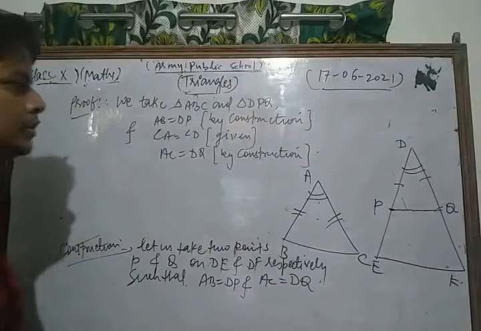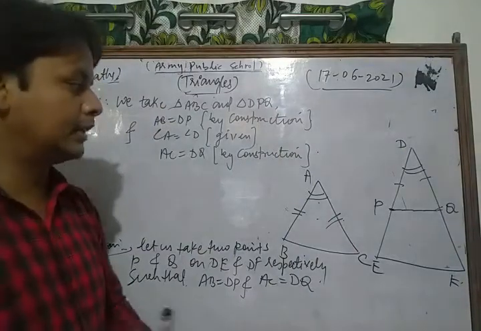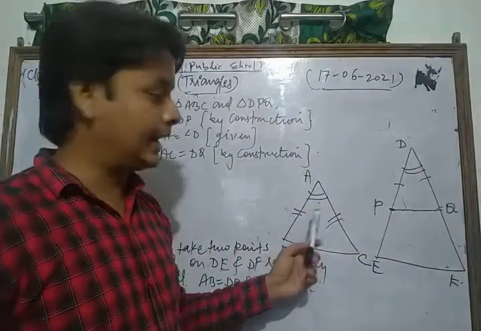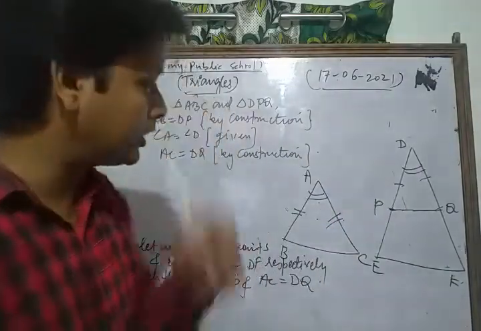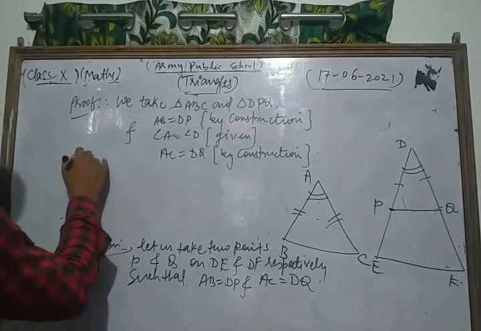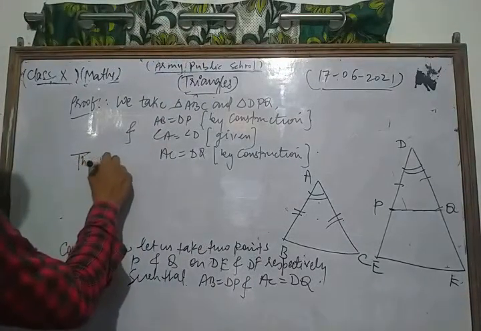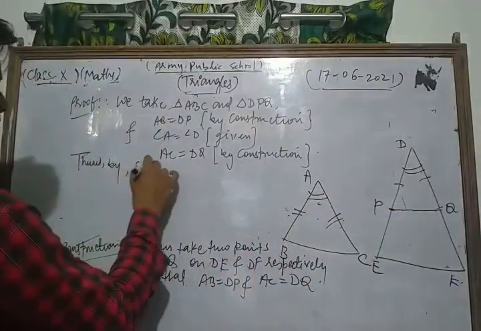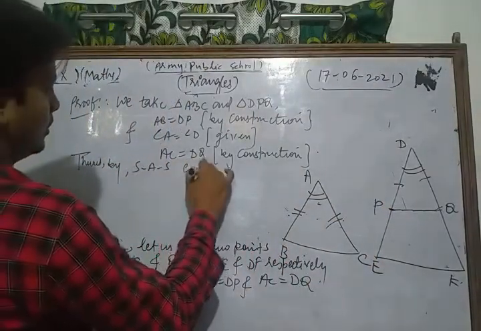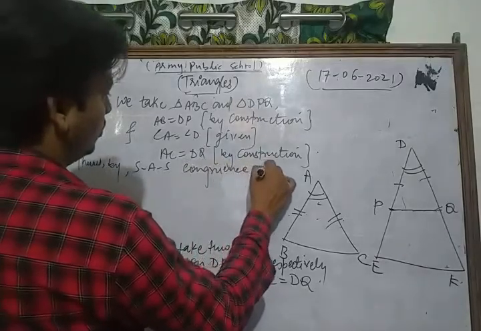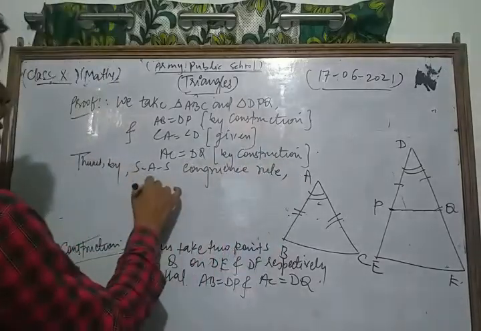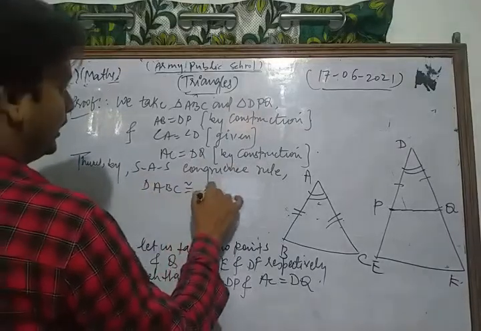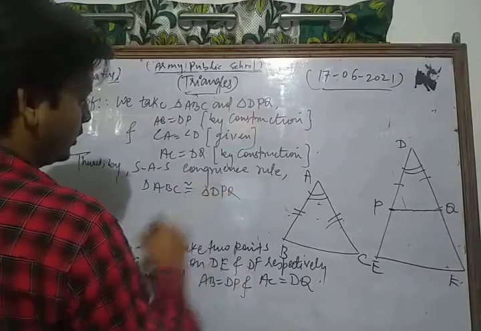So in both the triangles ABC and DPQ, two pairs of sides and the angle included between them are equal to each other. Thus by the side angle side, SAS congruence rule, triangle ABC is congruent to triangle DPQ.